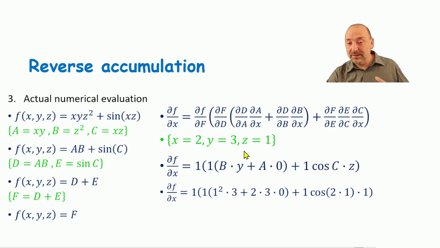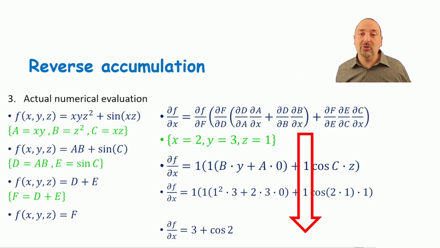X times Z, so it's going to be 2 times 1, times Z outside of the cosine, that is equal to 1. We perform all this calculation, and we get the result you have already seen many times in this video. So the result is 3 plus cosine of 2. We do not calculate, like in the forward case, the value of the function. We just calculated the value of the derivative.